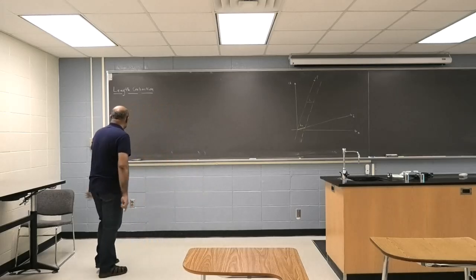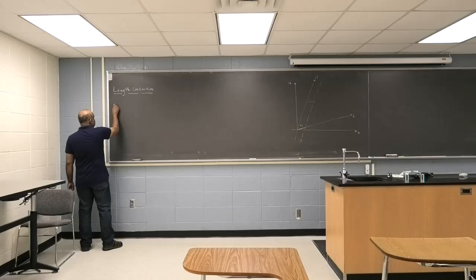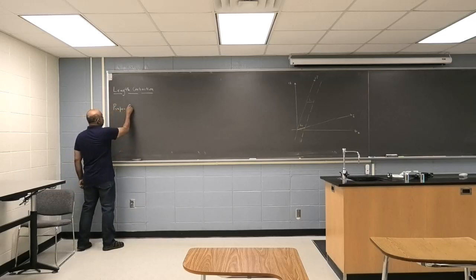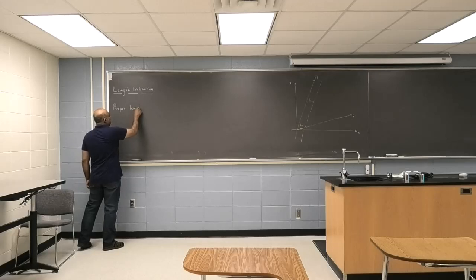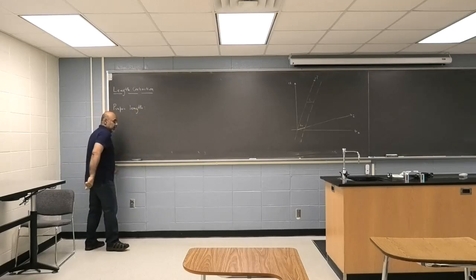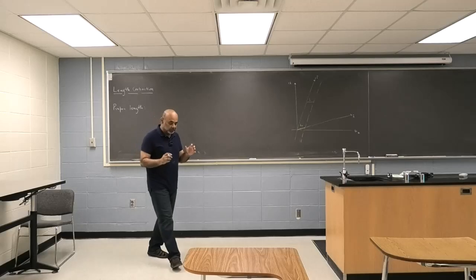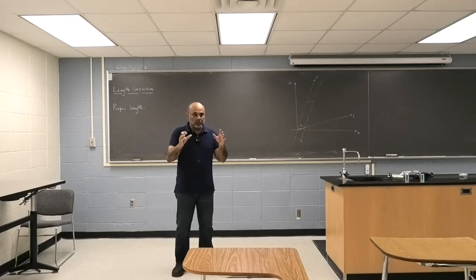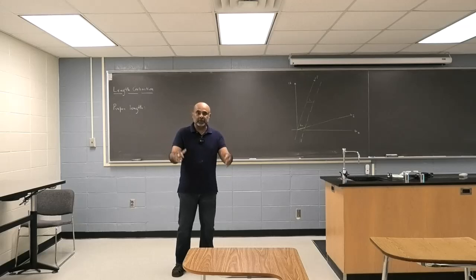So there's a definition here of proper length. It's the analog of proper time. Proper length is length measured by an observer which is at rest compared to the object whose length you're measuring.